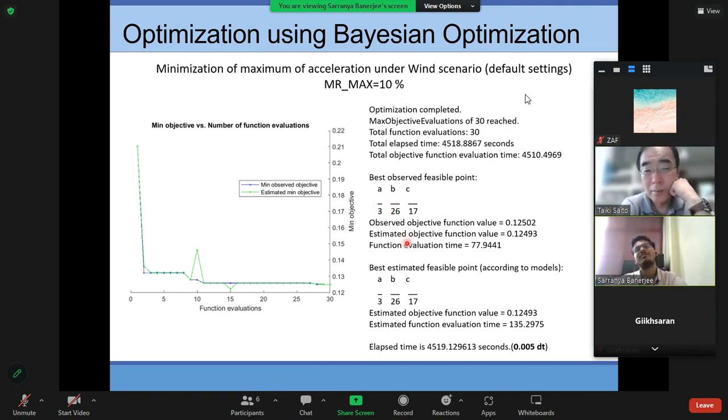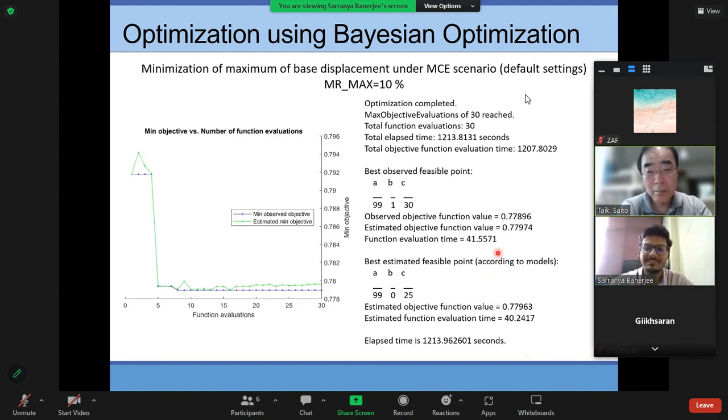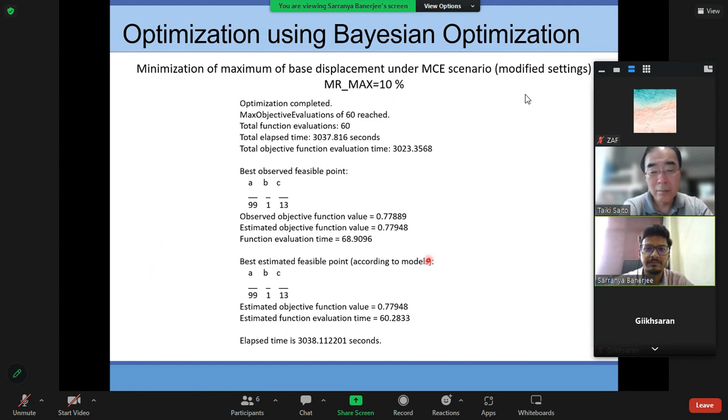But now in case of wind, one of the major problems is the time step. In earthquakes, the total time required for the simulation of say 20 earthquakes is 1200 seconds, which is even less than half an hour. So this is very good.